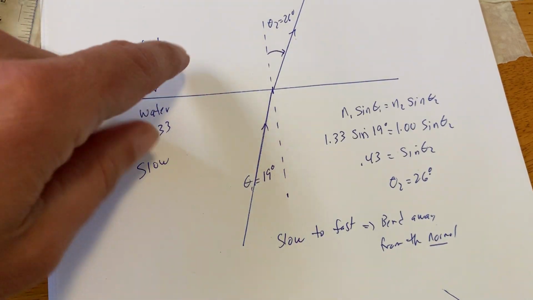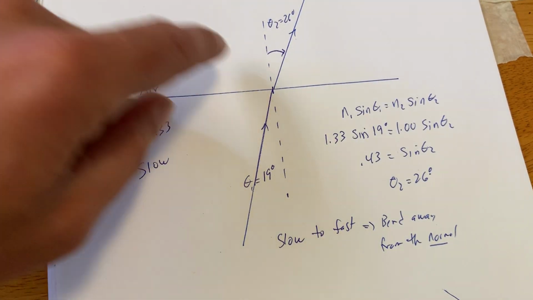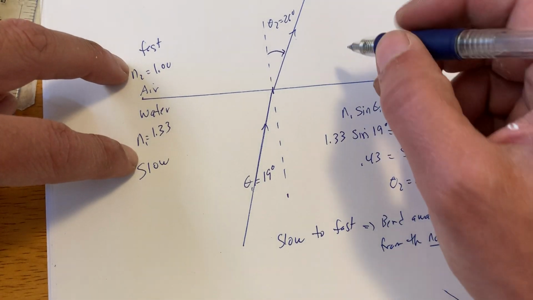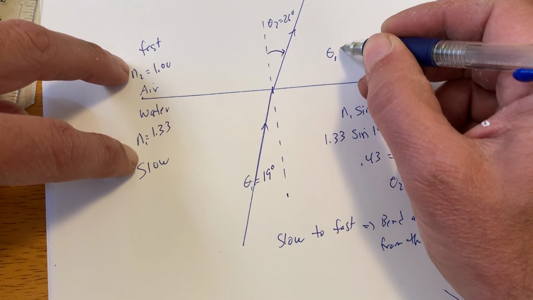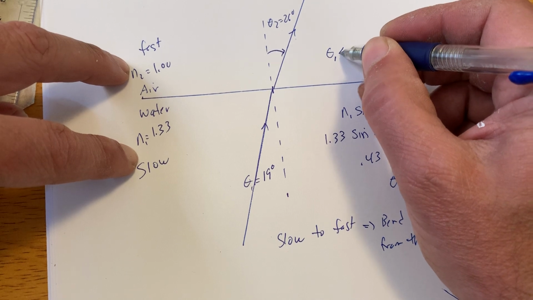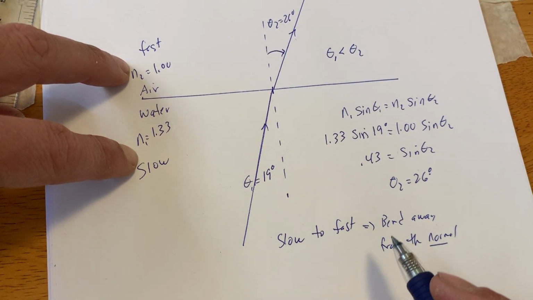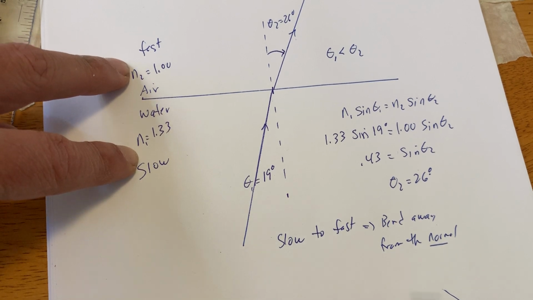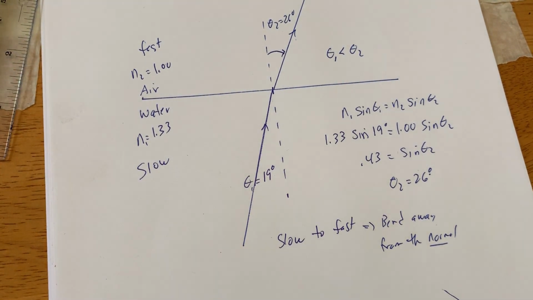Or I can bend away from the normal, slow to fast. If I go slow to fast, that means theta 1 is going to be less than theta 2. We sweep out an angle bigger than it was before. These are the two ways that we can refract, towards or away.